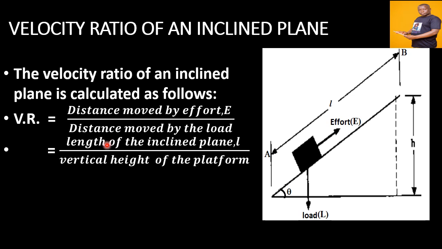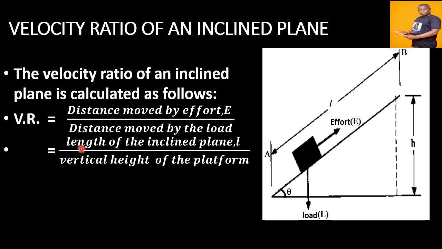So since distance is synonymous with length, the distance from point A to point B is equal to the length of the plane. So if you are told the length of the plane and the height through which the body moves, then you can calculate velocity ratio again.